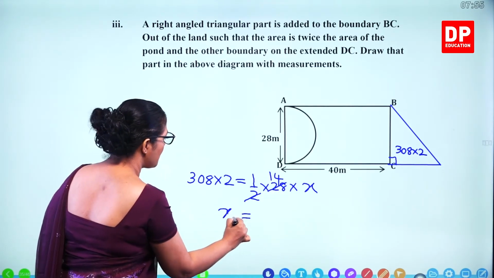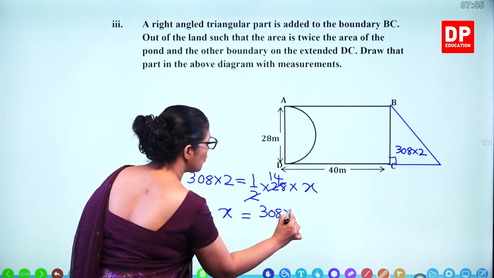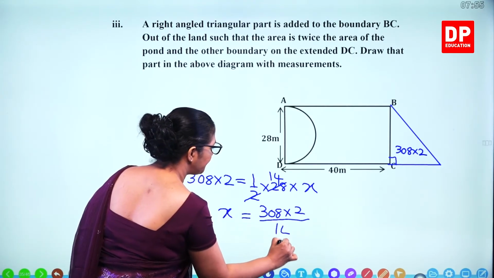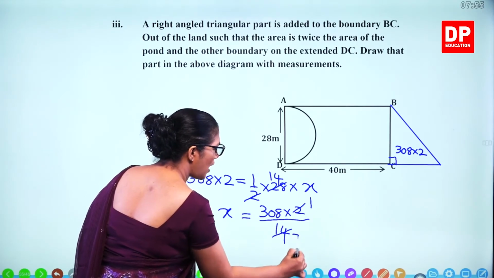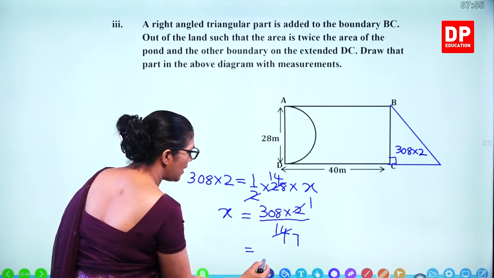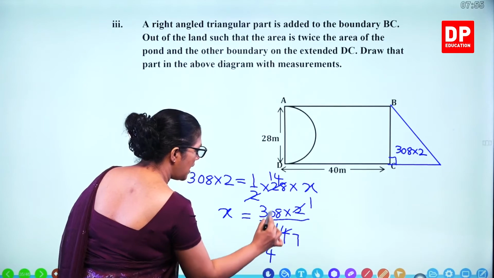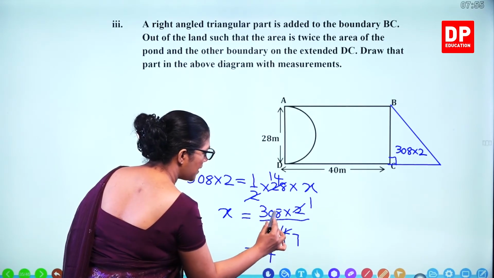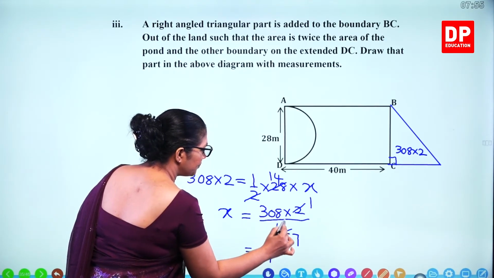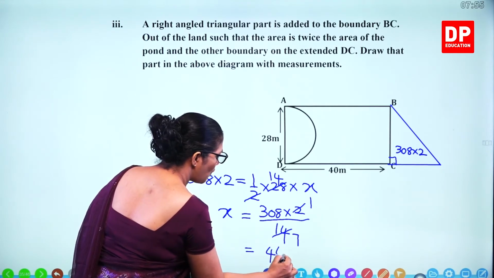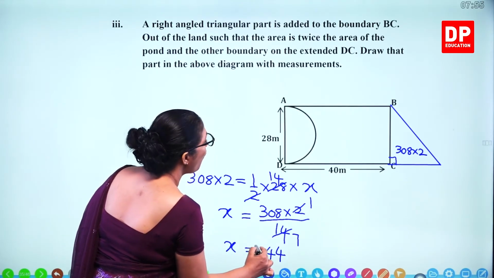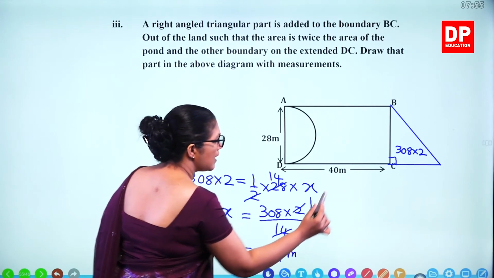So x becomes 308 into 2 divided by 14. 2 times 1, 2 times 7. Divide by 7. 7 times 4, 28. And 28 again, 7 times 4. So 44 meters is this length.